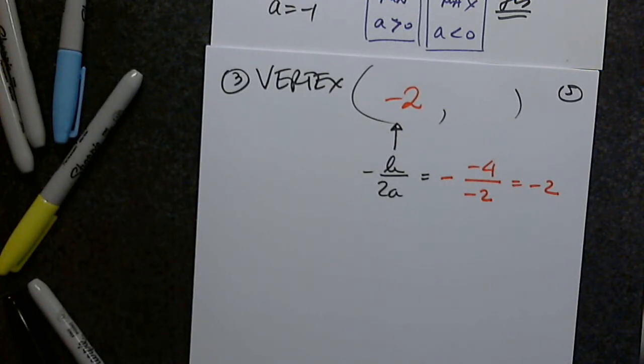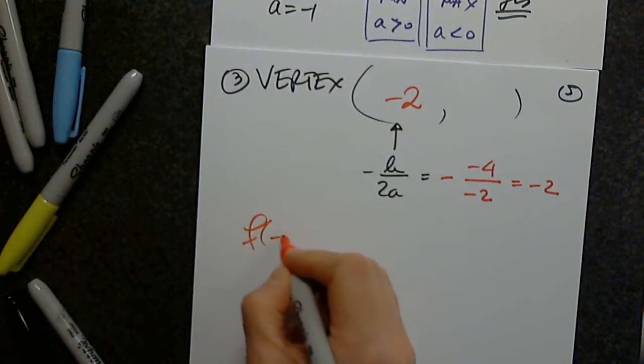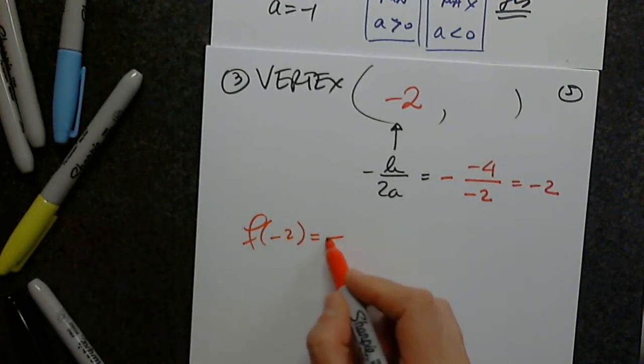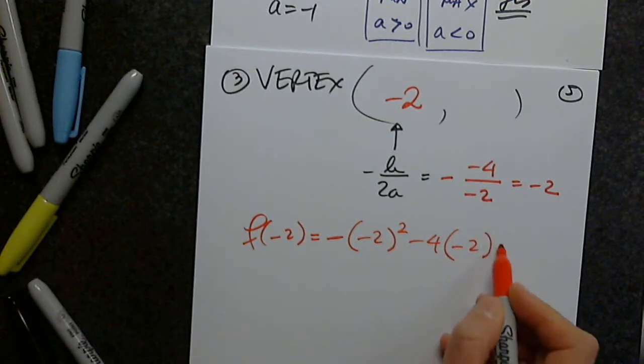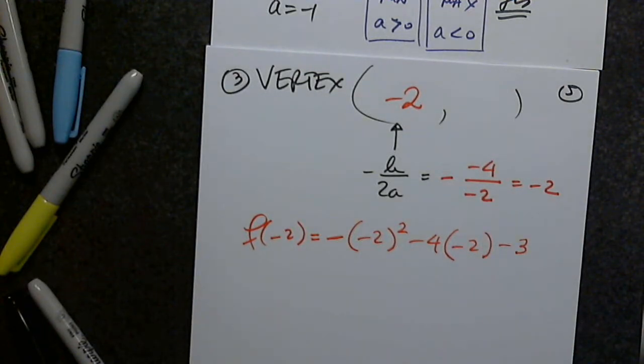Then for the y coordinate of the vertex, I have to do what? Excellent. Exactly, plug it in. So then I have negative outside, -2 squared, -4 times -2 and -3. So notice that I didn't do anything. I just replaced x by -2 all the way. But now I have to perform the operations in the order of operations.